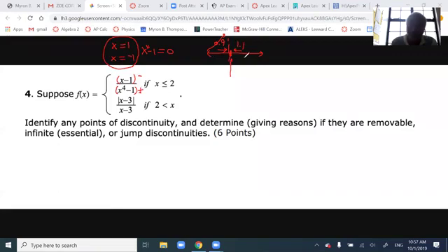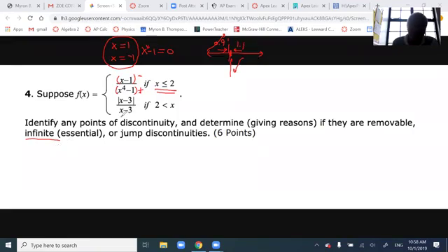That means the graph goes to negative infinity. At x equals 1 and x equals -1, it is a similar case. Because x equals 1 and x equals -1 belong to this interval, the function has an infinite discontinuity.